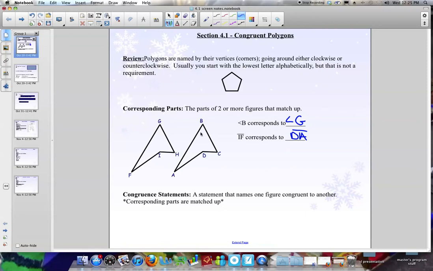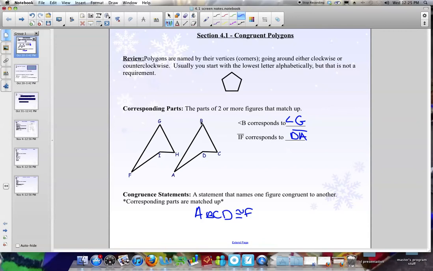So since these two polygons are congruent, if I named this one ABCD, and I was going to say it was congruent to the other polygon, I would name this one so that it matched up the corresponding parts. Whatever corresponds to A would be the first letter. So F would be our first letter.